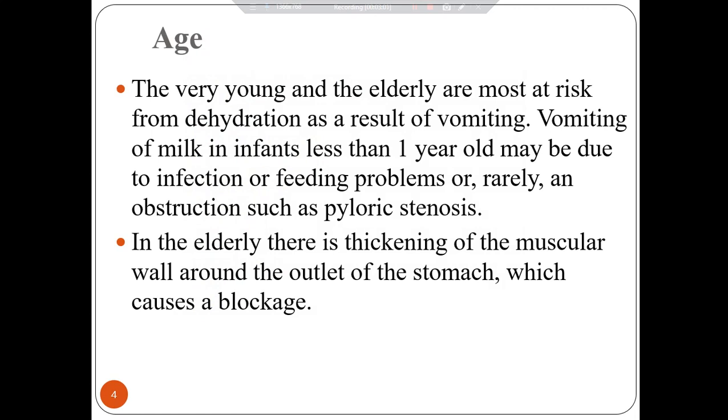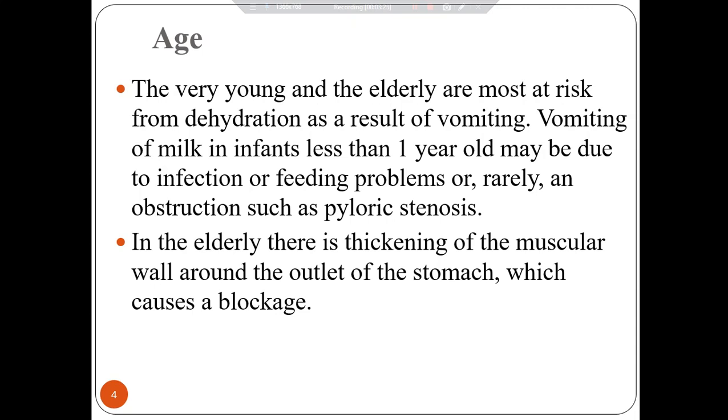You should know the age, because the very young and the elderly are most at risk from dehydration as a result of vomiting, so in case of vomiting in a very young patient, infant or elderly, you should refer, as we talked before.